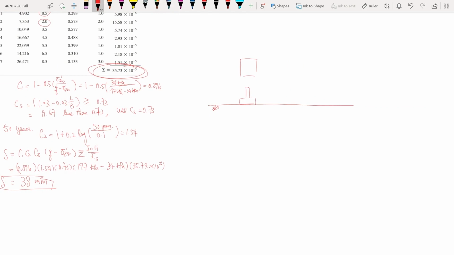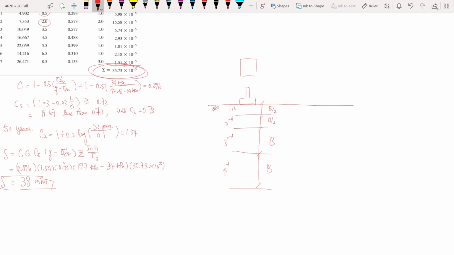Layer 1 has a thickness of B over 2, same as the second layer. This is the first layer, this is the second layer, and the third layer has a depth of B, and the fourth layer also has a depth of B.